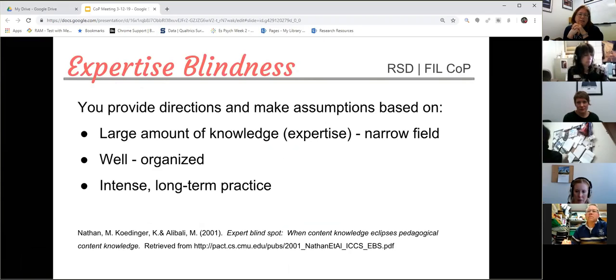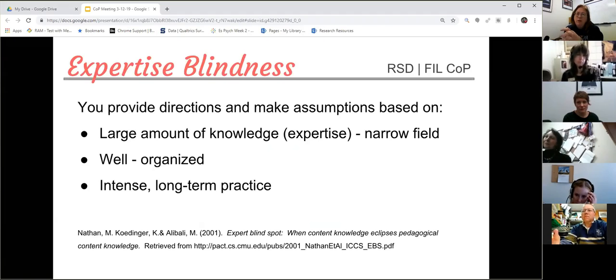As we turn a lens on ourselves, we are all experts in our field. So we make a lot of assumptions, and it's based on this idea that we have a large amount of knowledge. We're experts because that's how we got to where we are.